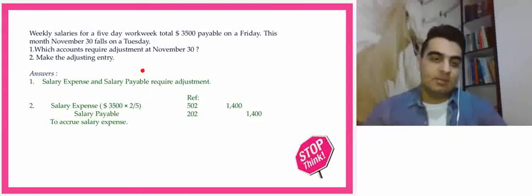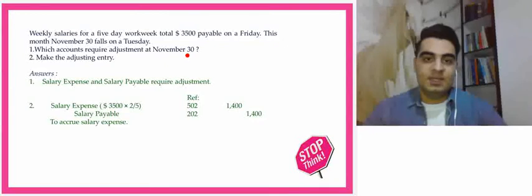This is another problem for better understanding of our adjustment. Weekly salaries for a 5-day work week total $3,500 payable on a Friday. This month, November 30, falls on a Tuesday. So this amount is only for 5 days.